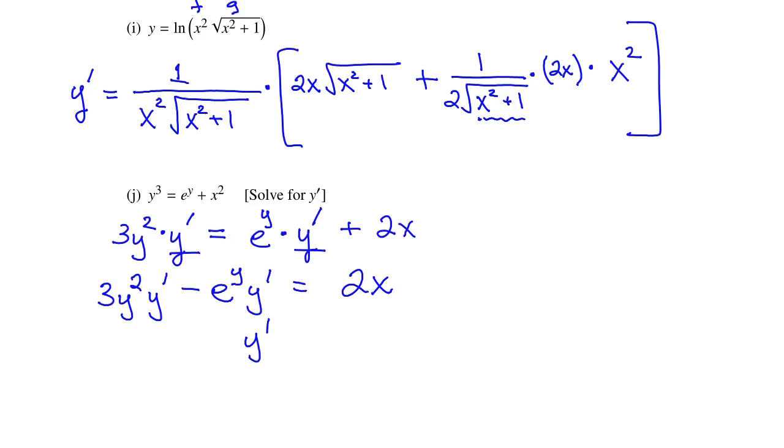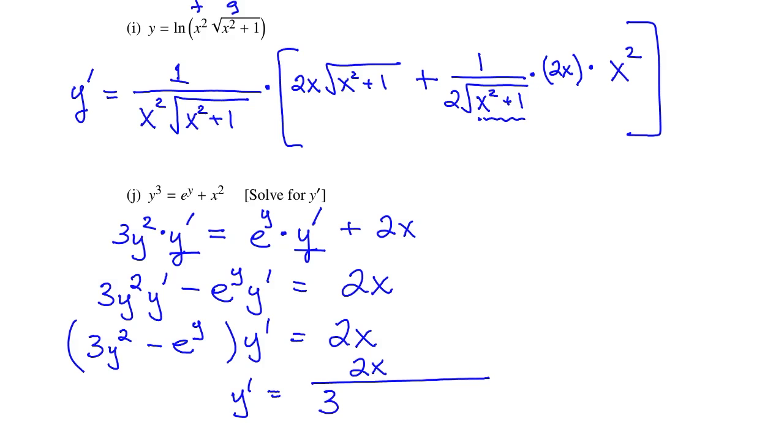I'm going to factor out the y prime, and then divide by that new coefficient. So y prime is 2x over 3y squared minus e to the y.